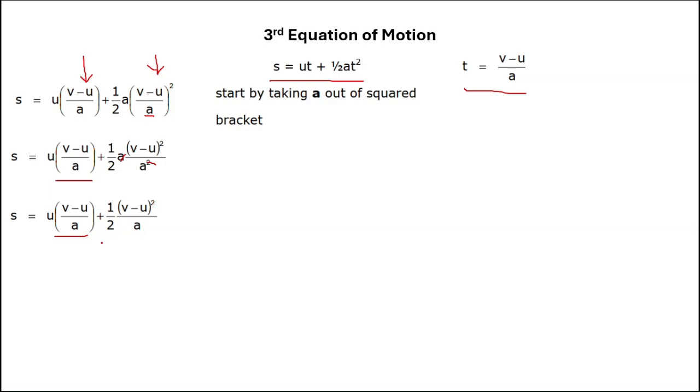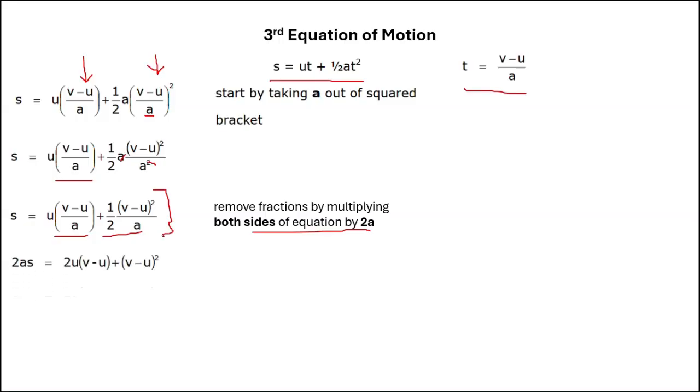Now a and 2a we get common. Moving forward, we remove fractions by multiplying both sides of the equation by 2a. Here we multiply 2a to this equation, on this side and on this side as well.